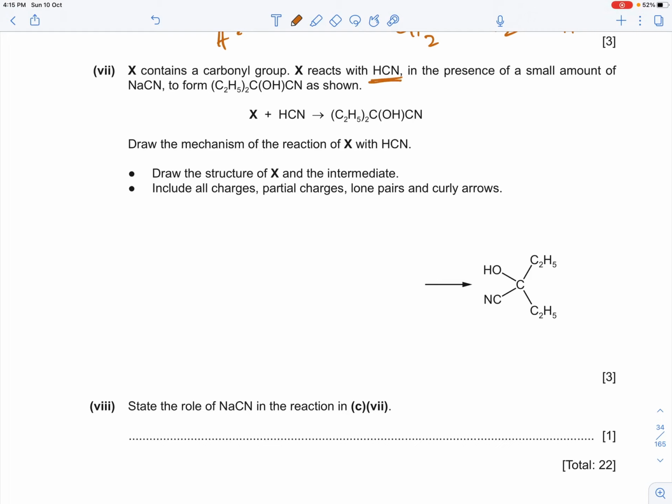If a compound has a carbonyl group, it can react with HCN in the presence of a small amount of sodium cyanide to form this compound, hydroxynitrile, as shown. Draw the mechanism of the reaction of X with HCN. And while drawing this mechanism, we have to draw the structure of X and the intermediate and include all charges, partial charges, lone pairs and curly arrows.